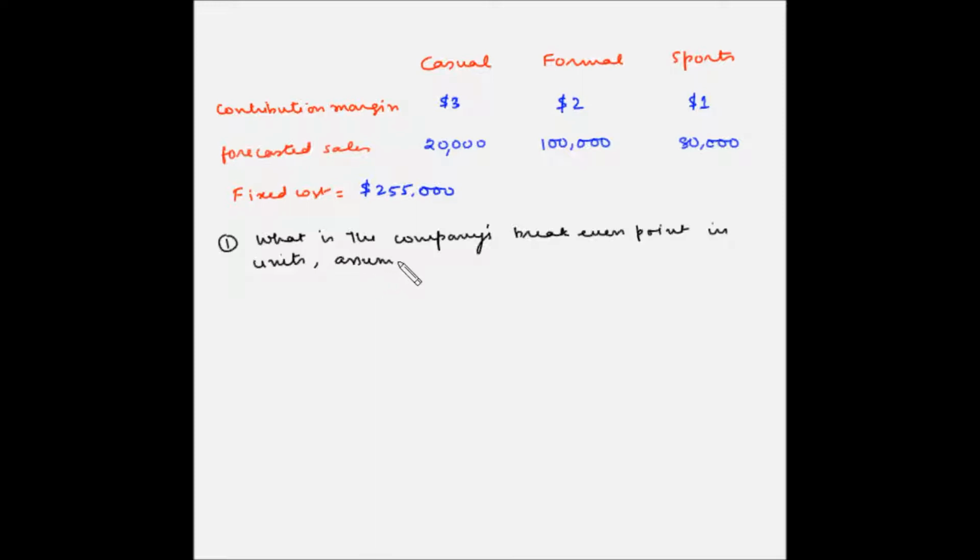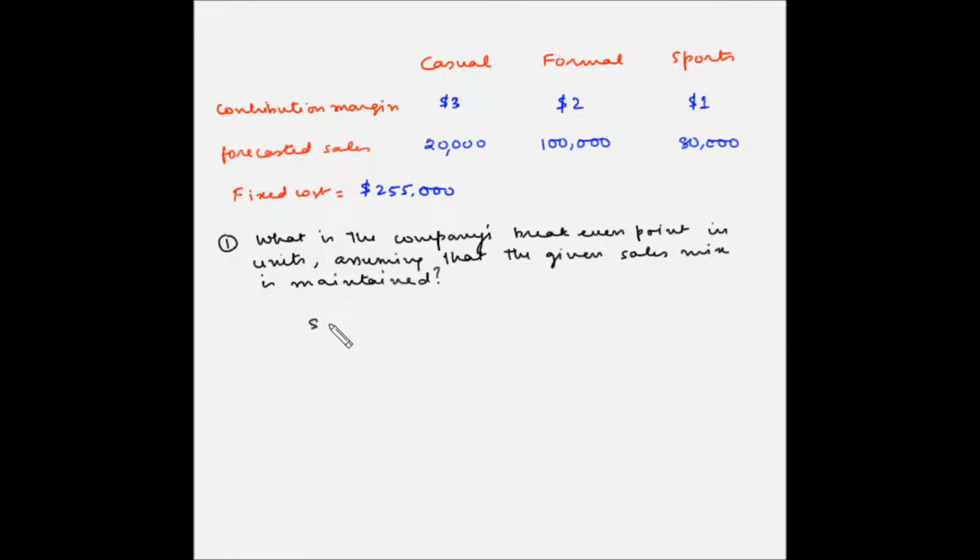Assuming that the given sales mix, which is nothing but the ratio of the forecasted sales for the three types of shoes, is maintained.